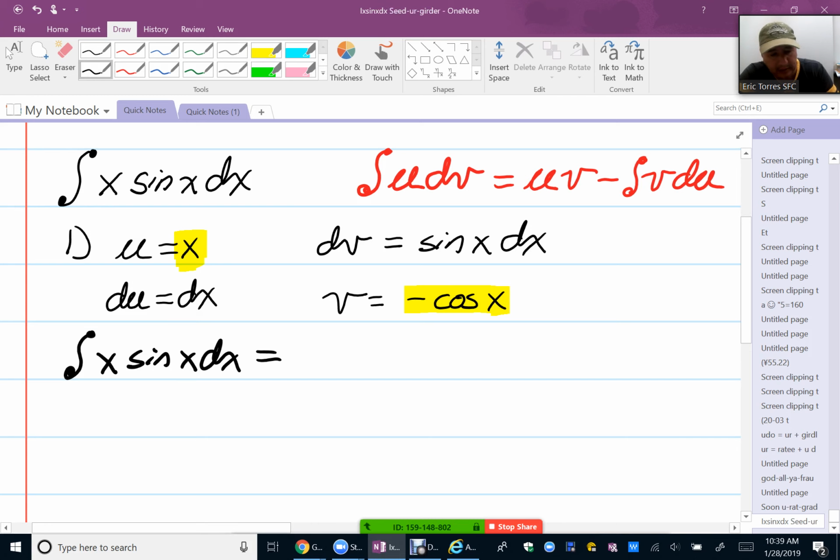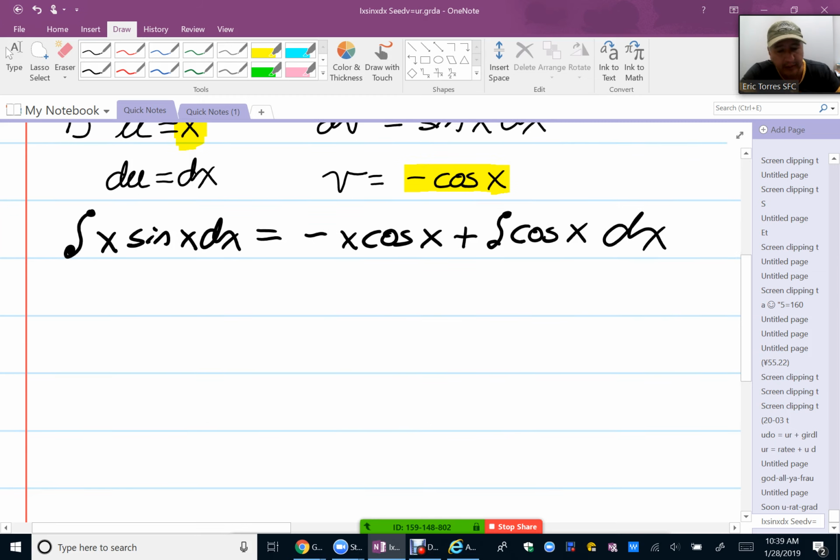So u times v is, let's see, a positive times a negative is going to be negative, so it's going to be negative x cosine of x minus v. Since v is negative and I'm subtracting a negative cosine of x, that'll become a positive on the outside, cosine of x times du, which is dx.